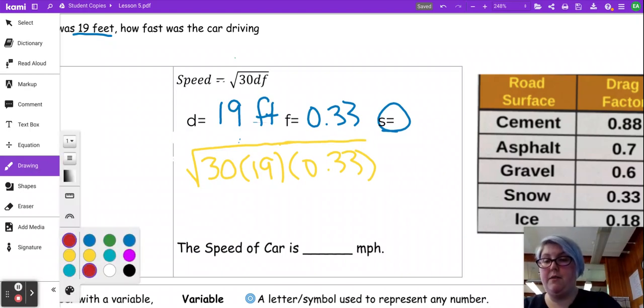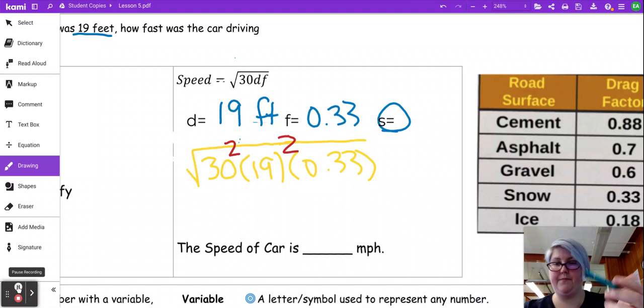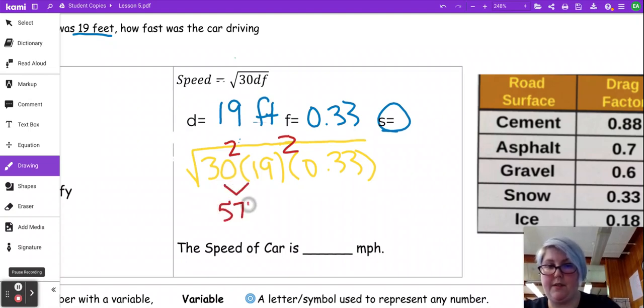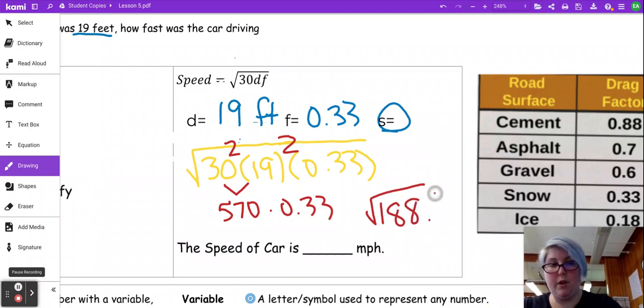All we have to do now is evaluate our equation. We know multiplication is a level 2, which means all we have to do is multiply these together and find the square root. I plug this into my calculator. 30 times 19 is 570, times 0.33 gives you the square root of 188.1.